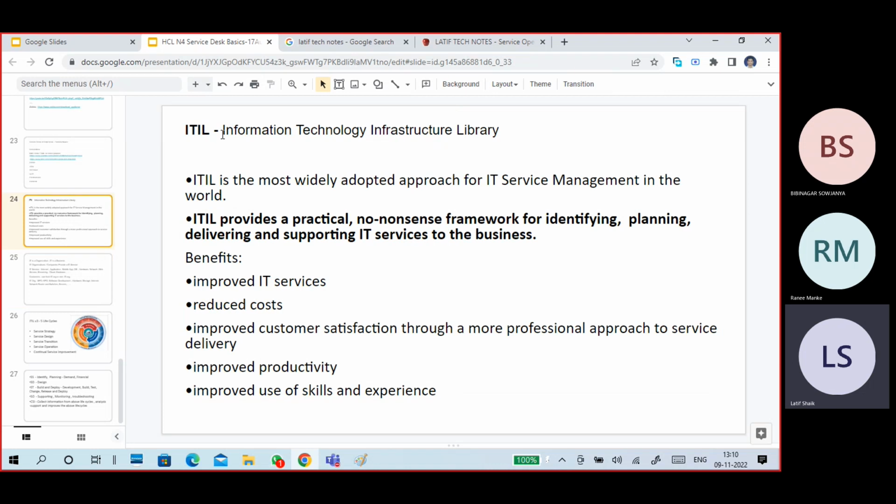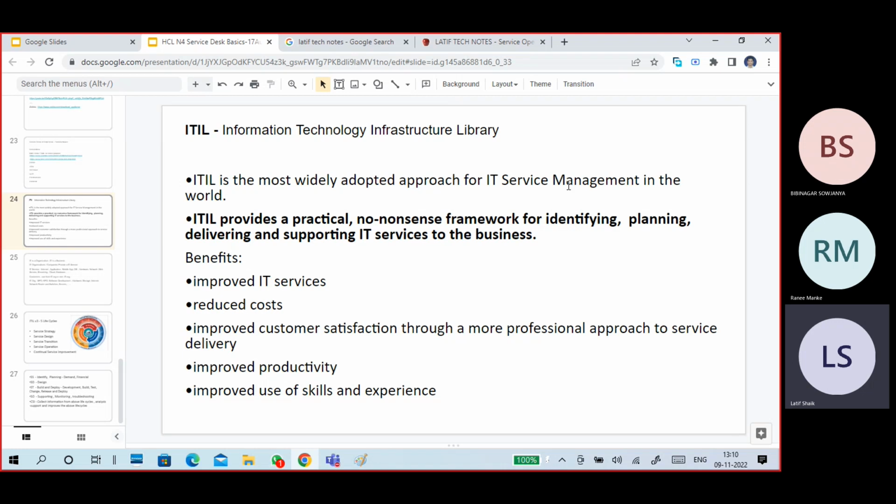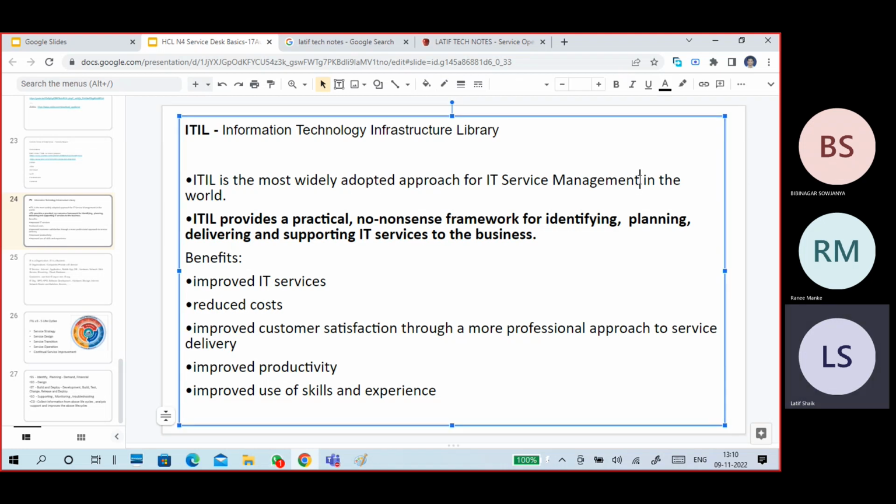So what is ITIL? Information Technology Infrastructure Library. ITIL is a widely used, adopted approach of IT service management in the world. ITSM, what is ITSM? IT service management, which is part of ITIL.